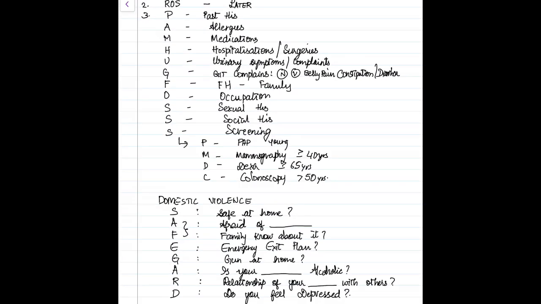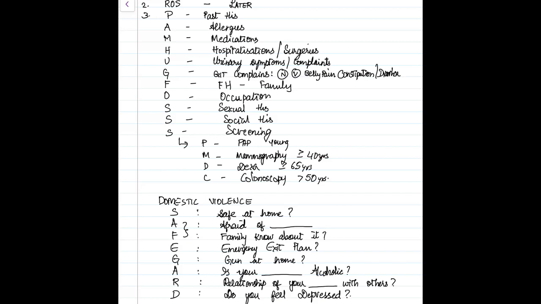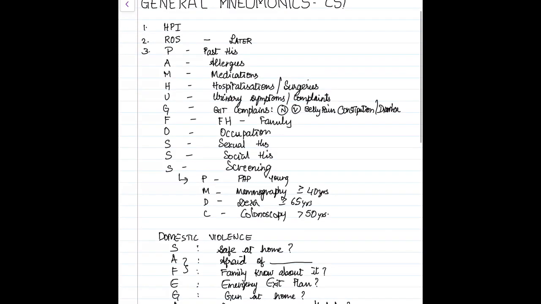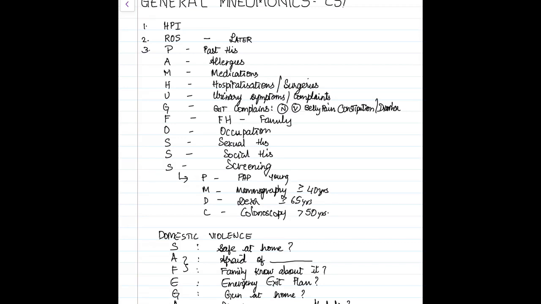so here you go, guys. This is the mnemonic. As you can see, the history of present illness, the review of symptoms, and Pam Hug Foss, and then domestic violence, it is SAFEGARD. Okay, now we are going to quickly see what you are going to type for this. So for history of present illness, you're going to type HPI, and for review of symptoms, it's going to be review of symptoms. And then for past medical history, you can write past medical history, and for past surgical history, you can write past surgical history.